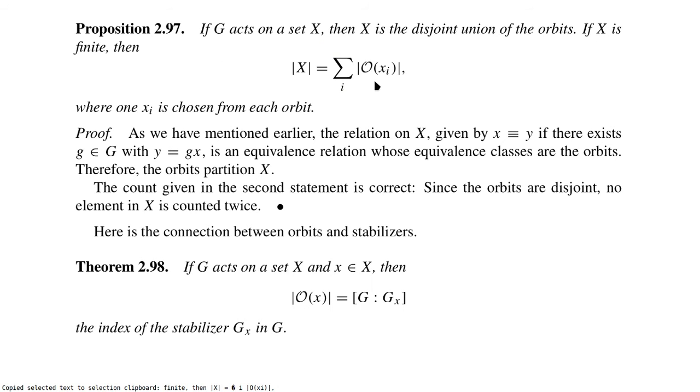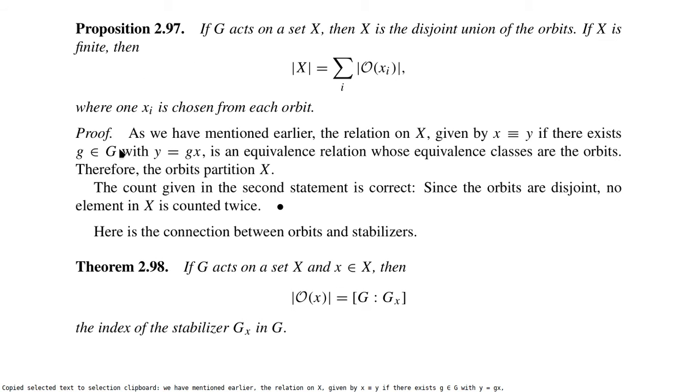Now if X is finite, then the order of X is equal to the summation of the orders of all the orbits. It doesn't give anything else, but the count is going to be the same because you're only going to have unique elements, and they are all disjoint.